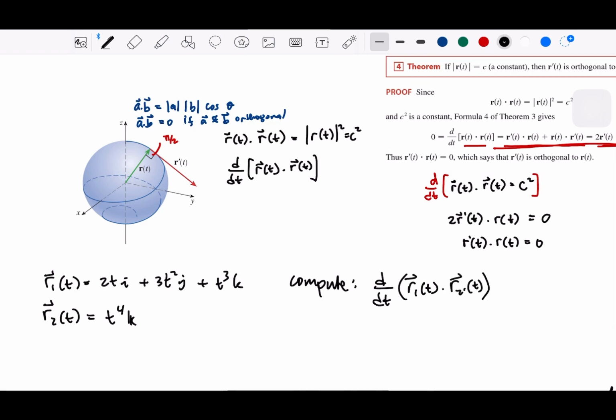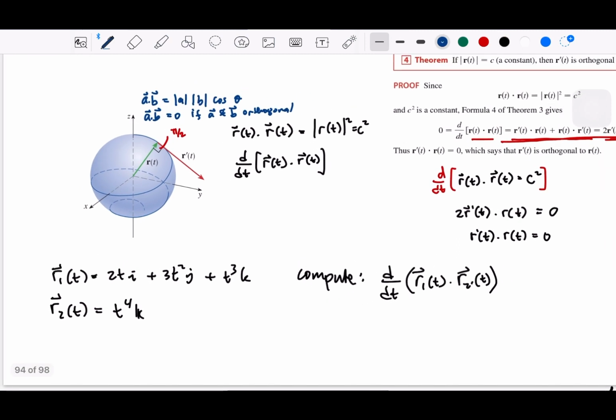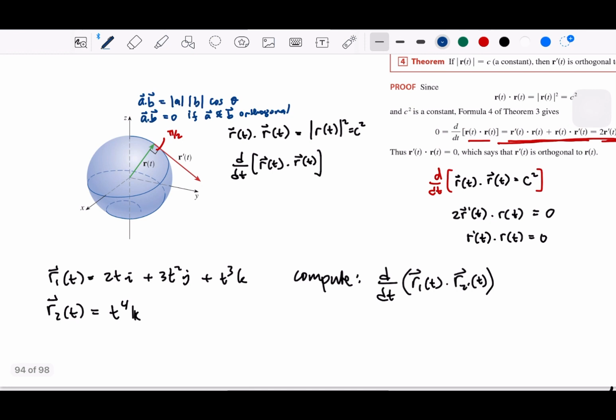So first we can take the dot product first. Let's say this is d/dt, and then we take the dot product, which is, I will just draw this, 2t, 3t squared, and t cubed, and then dot 0, 0, and t to the power 4, right?